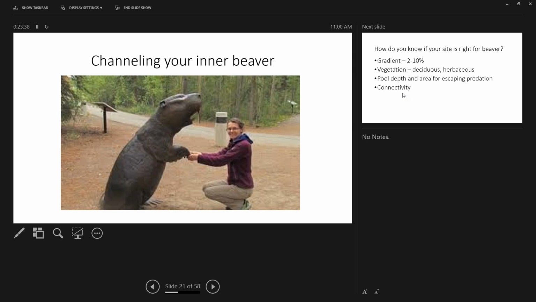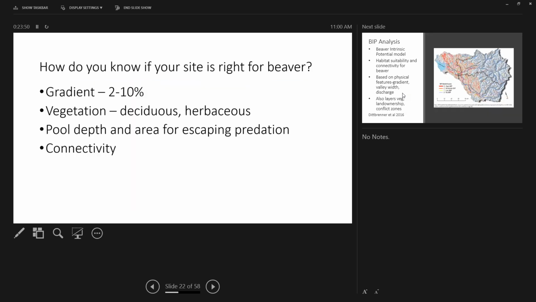Now, my coworker Alex likes to channel his inner beaver every time we go out into the woods, and I appreciate that so much about him because he has a lot of insight to share with me and with our other staff and volunteers. So we've also developed some tools to help us know whether our assessment of sites is worthy of beaver or not. We're looking at gradient between 2 and 10%.